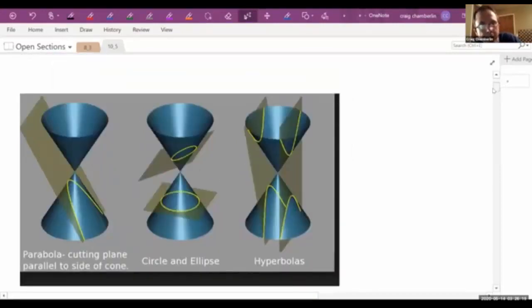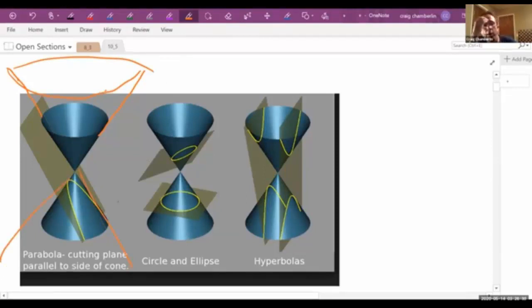So conic sections. A cone in space actually looks like two ice cream cones stuck together, and it doesn't stop like this. This cone keeps going up forever and ever and out and back, but for picture purposes, you have to stop it somewhere. This goes down forever and ever.